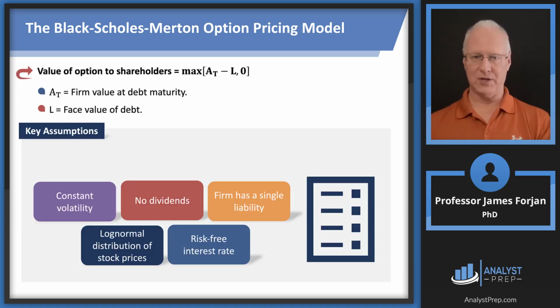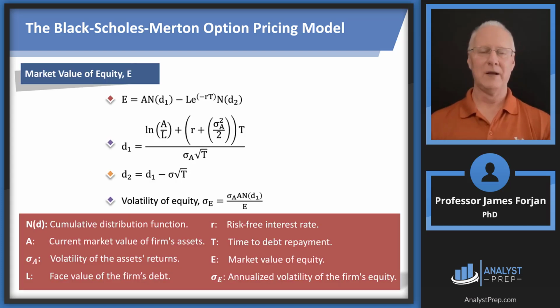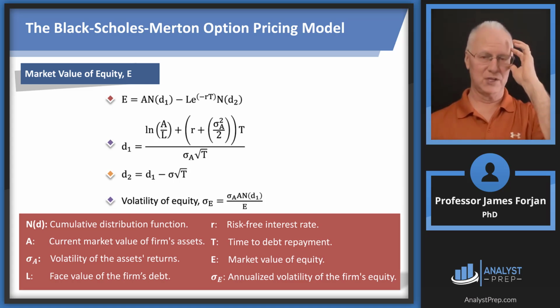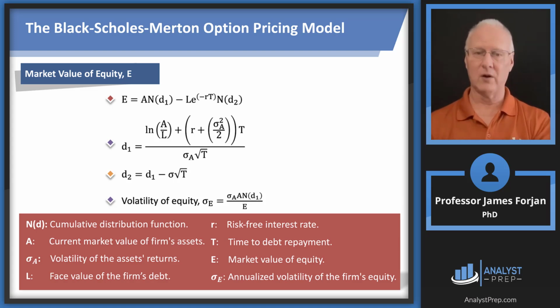All right, so let me go back here. In that equation, we have a measure of risk-free rates. We have a measure of distributions. We'll see that in a second. We're throwing out dividends. We have one liability. There's the L. And then we have constant volatility. So what we need to do is figure out what N(d1) is and what N(d2) is. Now, remember what I just said. These are probabilities. So they're going to have a range of between 0 and 100%.